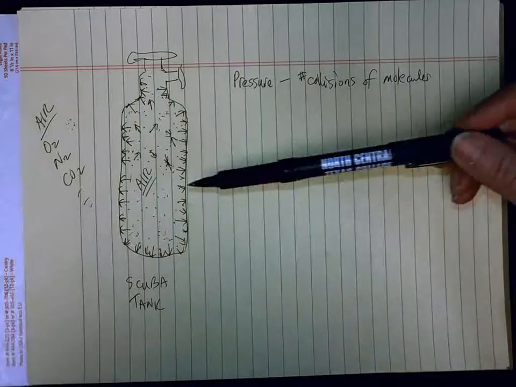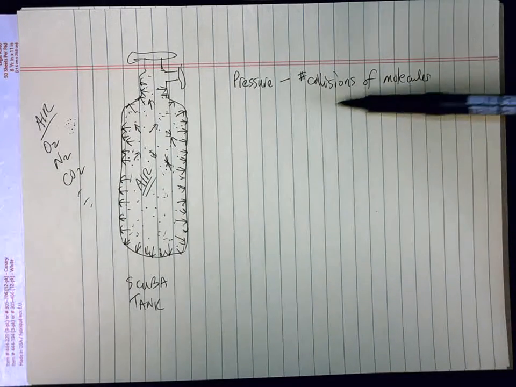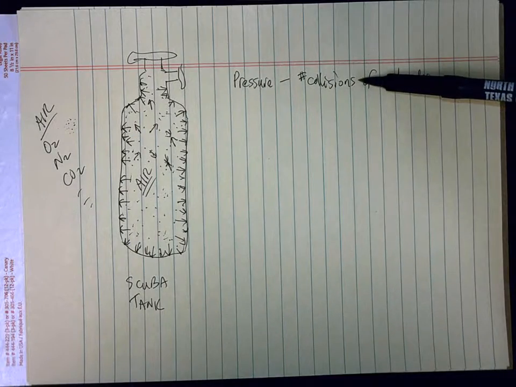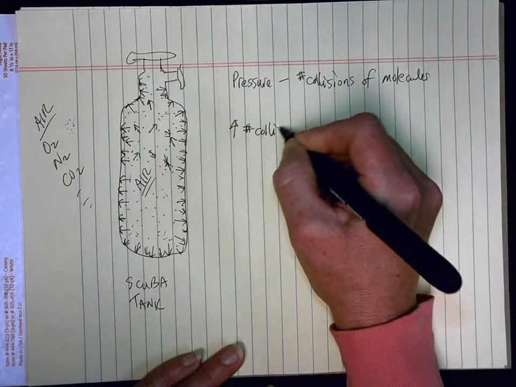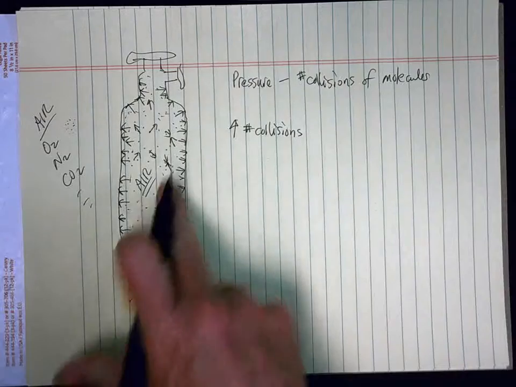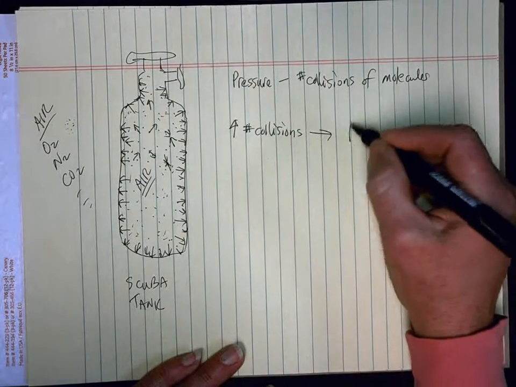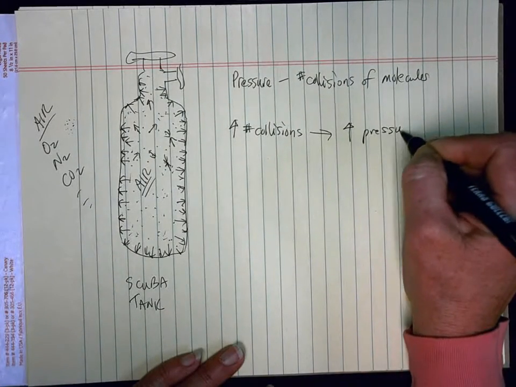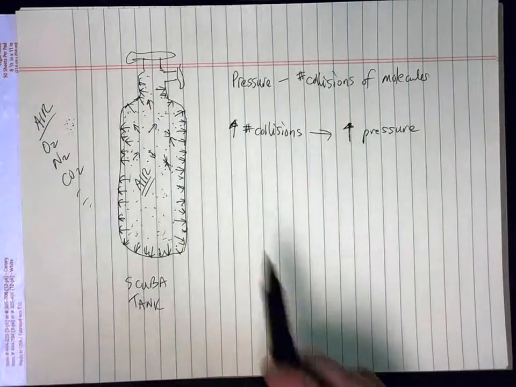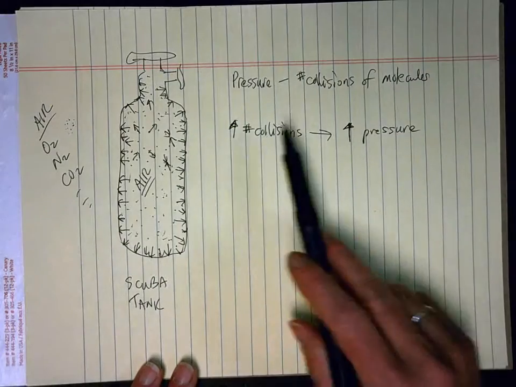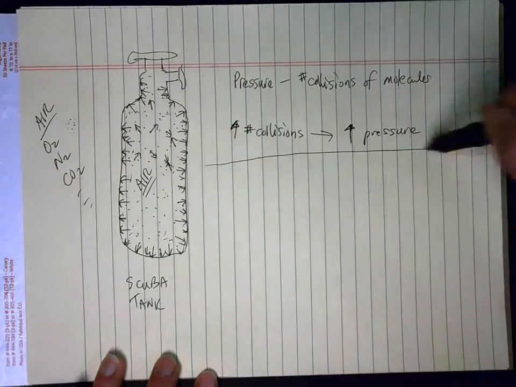Okay, when you look at the pressure related to numbers of collisions, if you increase the number of collisions of molecules, you're going to increase the pressure. These arrows mean increase. So if you increase the number of collisions, you increase the pressure.